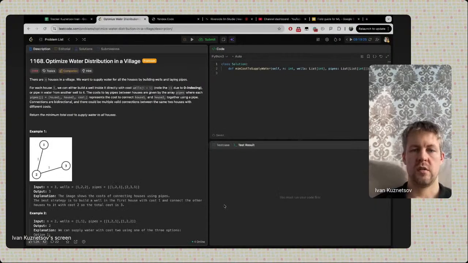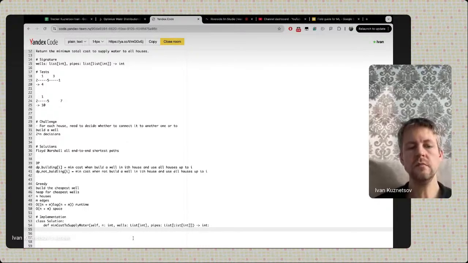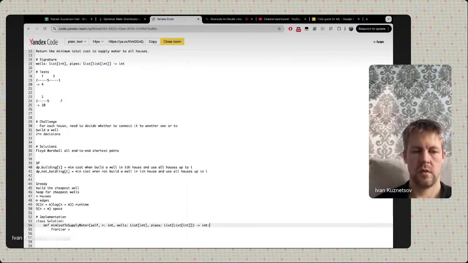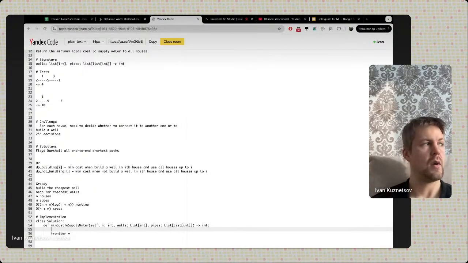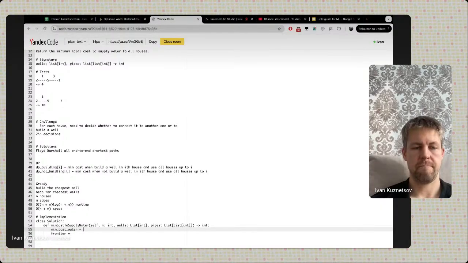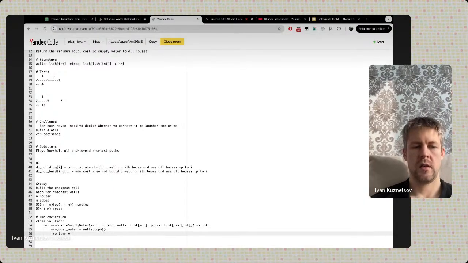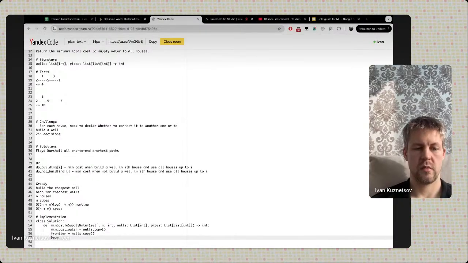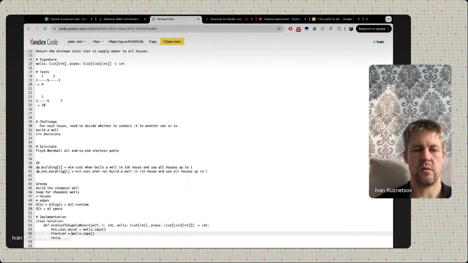Okay, implementation, let's see. Will be wells copy, and frontier will be wells copy, and here, oh no, it won't be just wells copy, it will be.